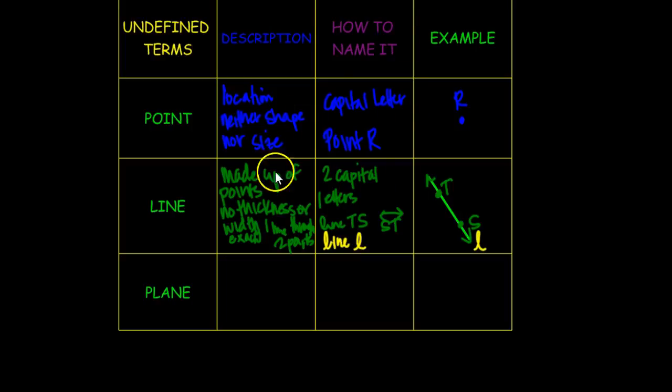All right, let's go to the next one. Let's talk about a plane. A plane is a flat surface made up of points and it extends in all directions. So flat surface made up of points extends all directions.